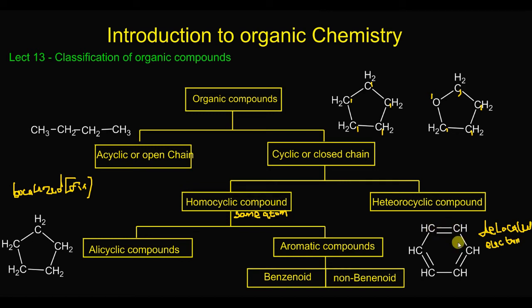Now you can see that within this system, one of the bonds here is a pi bond, and this pi bond loiters around. They are delocalized. They are not fixed to one particular atom. So this bond can choose to be here, here, here, or here. They can choose to be around any of the atoms at any point in time. So the electrons within these pi bonds are what we call delocalized.